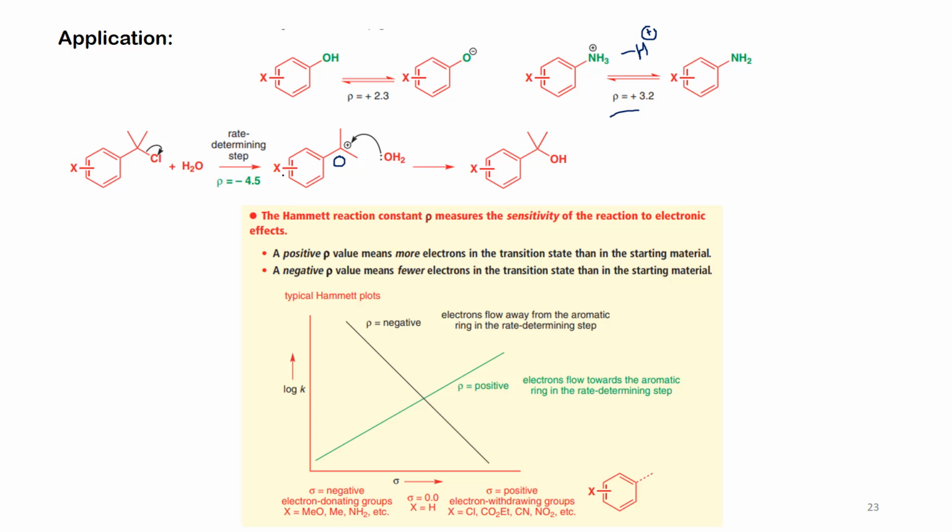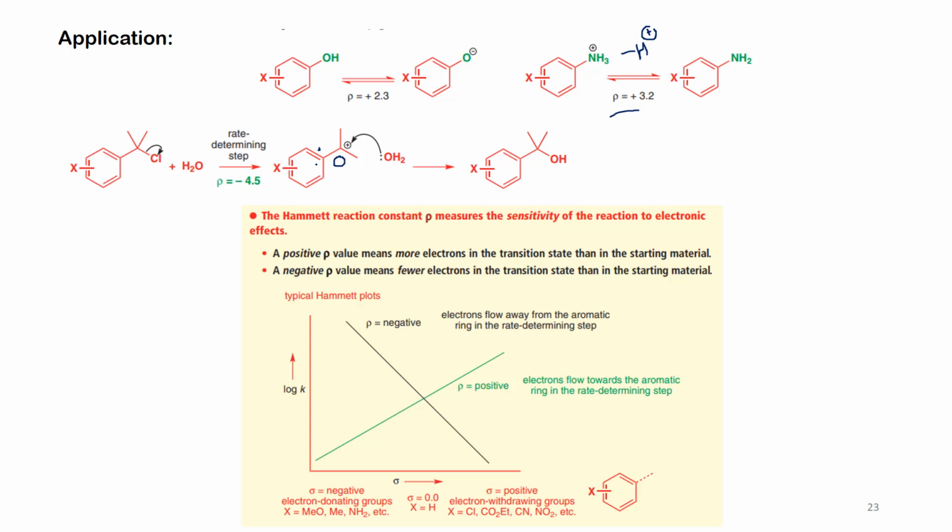If it is NO2, then it will pull the electron to itself, so there will be a positive charge at this position, so it will be destabilized. And if it is electron donating, then the electron scarcity will somehow get reduced. So that's why in this case the product stability is higher than that of the reactant. So the effect of substituent is reversed compared to the other case.